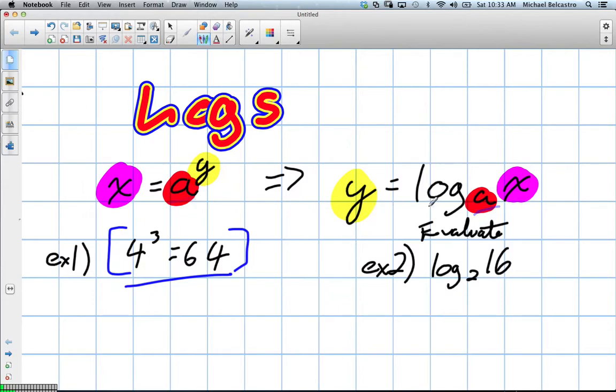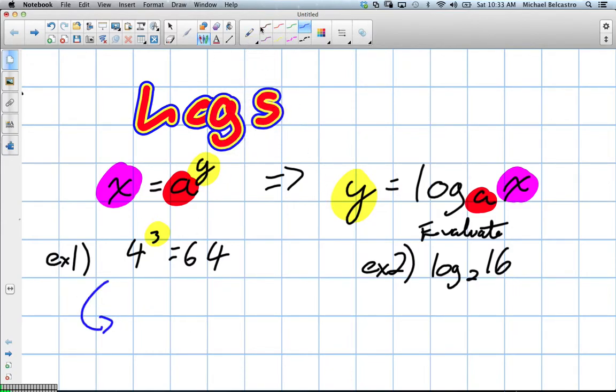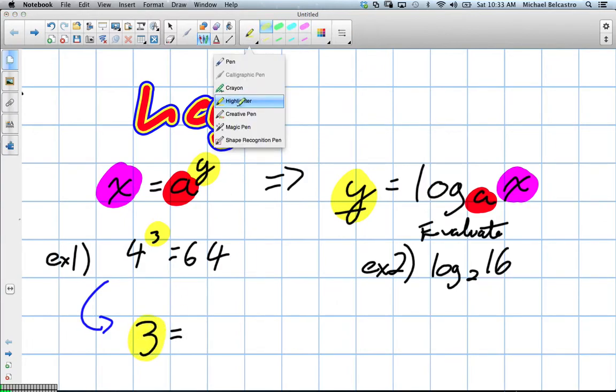What we're going to just practice is writing this as a logarithmic function. Okay, so we're going to use the same highlights as we did here. So we know the power is going to end up being the answer in the end. So when we go to convert this to a log, we already know that our power will become the answer. So we know our answer is 3, so 3 is equal to.